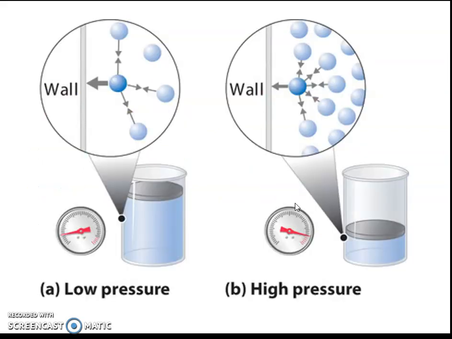Next is the pressure correction. The ideal gases are considered to have no intermolecular force of attraction. Particularly at low pressure, the molecules are far apart, and this concept may be correct at that time. But when pressure increases, the molecules come closer.